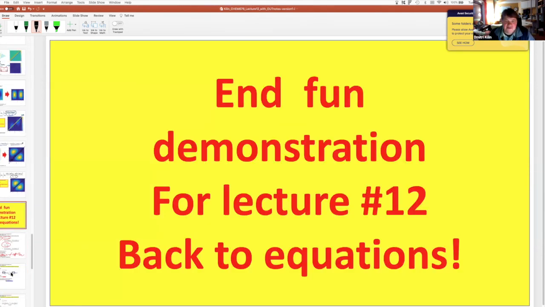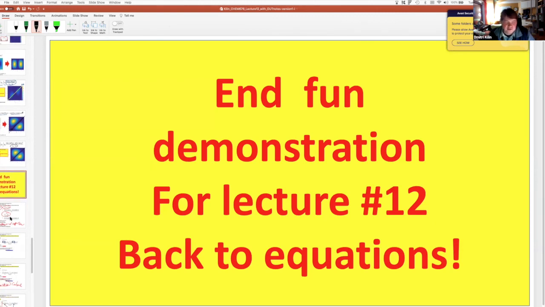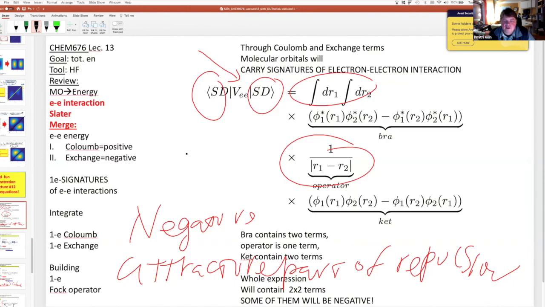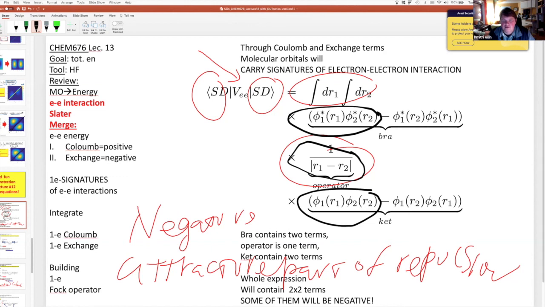Now, after ending this fun demonstration, I will bring it back to the language of equations. So, what if I take the product and the Coulombic term? The predominantly wrong thing that will give infinity.